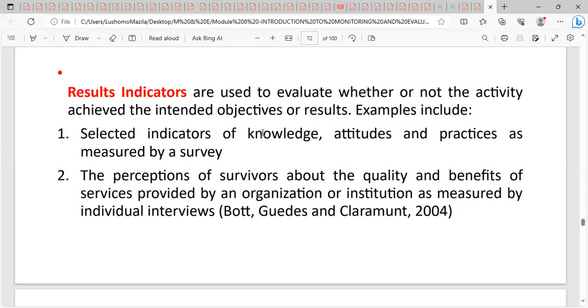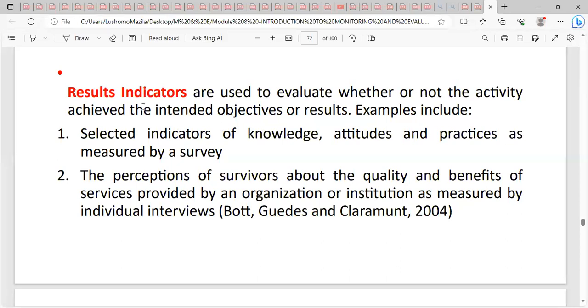Immediately after the activities, we come to the results. These direct results are called outputs. Because outputs, outcomes, and impacts are all results, instead of just having output indicators, we have results indicators, depending on which results we are talking about.